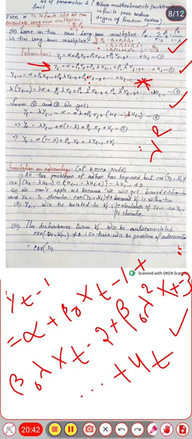From equation 2 and equation 3, we can see that yt minus lambda yt minus 1 is equal to alpha minus alpha lambda plus beta naught xt, and the other terms will cancel out, plus ut minus lambda ut minus 1.